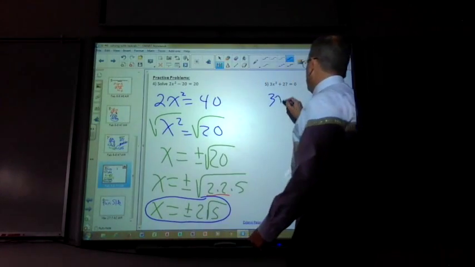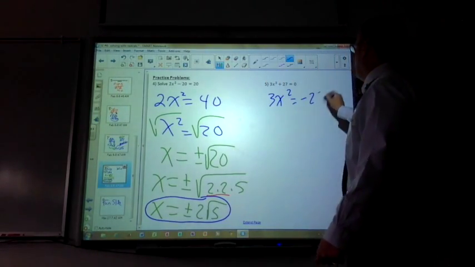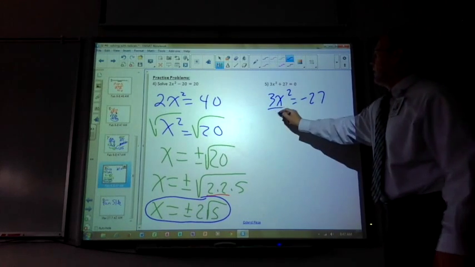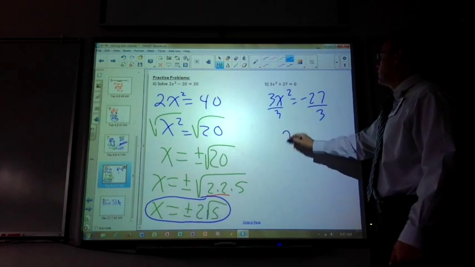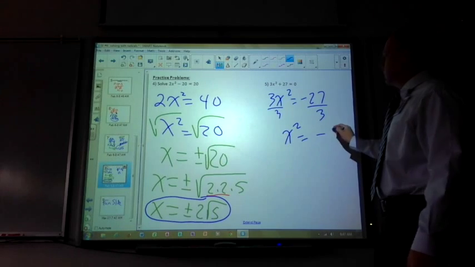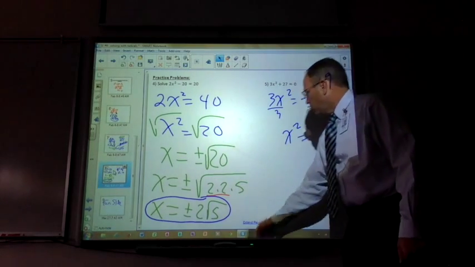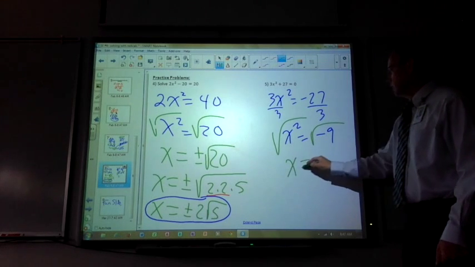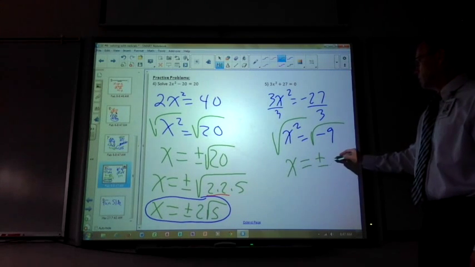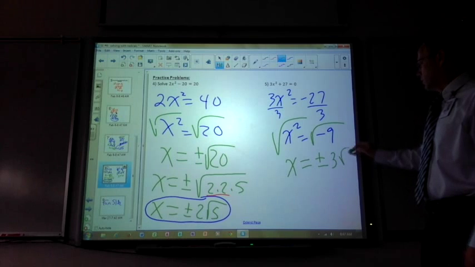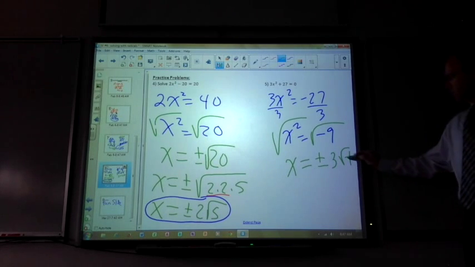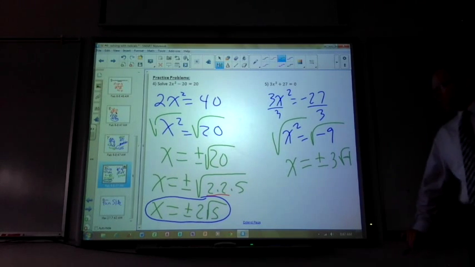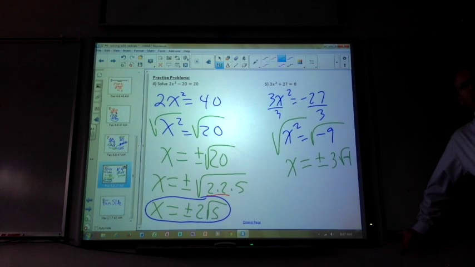Subtract from 27. Okay. My gut is telling me this might not work. It's not. Divide by 3. Negative 3. Negative 3 times 3. No, you're wrong.